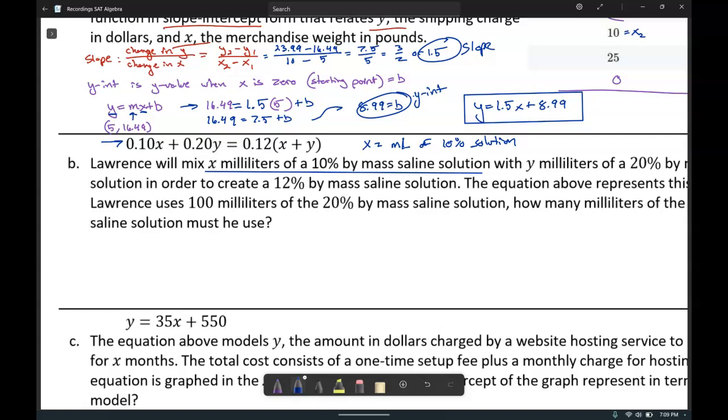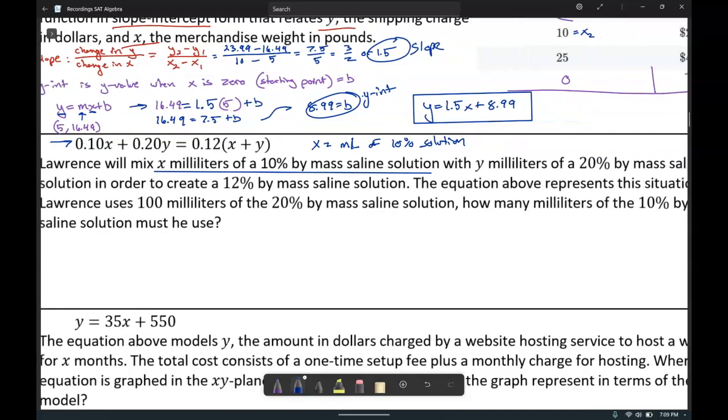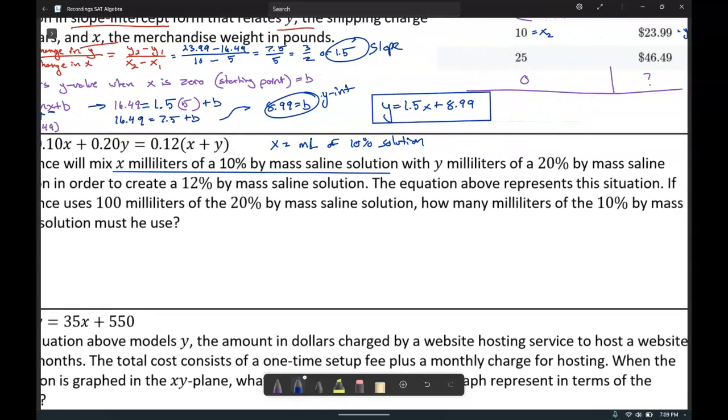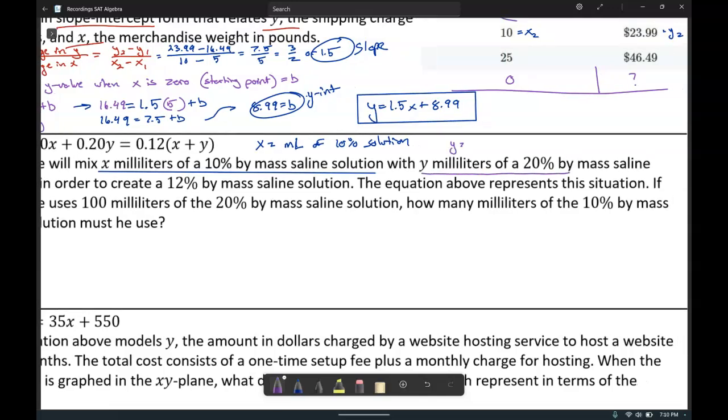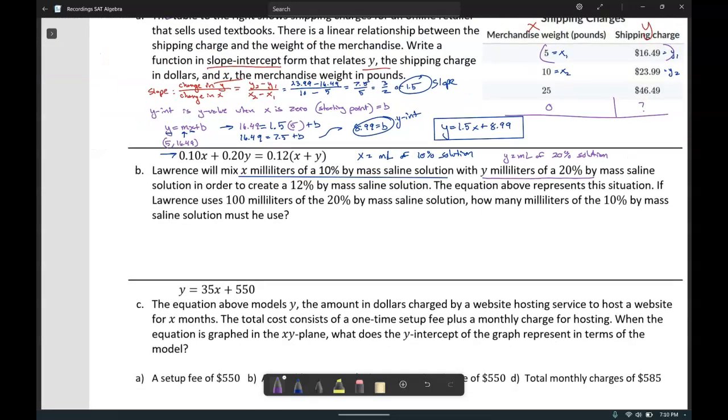We just want enough to understand X is the number of milliliters of a 10% solution. And Y is the milliliters of a 20% solution. So Y equals the milliliters of a 20% solution. And they mix them together in order to create a 12% mass by saline solution.